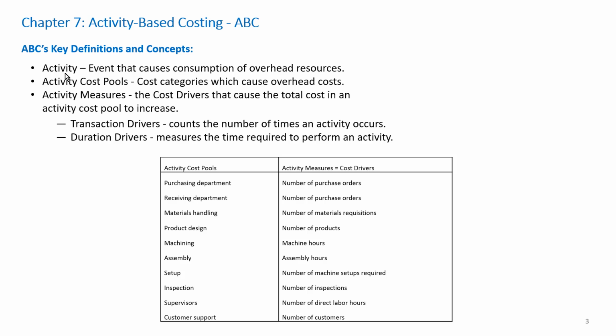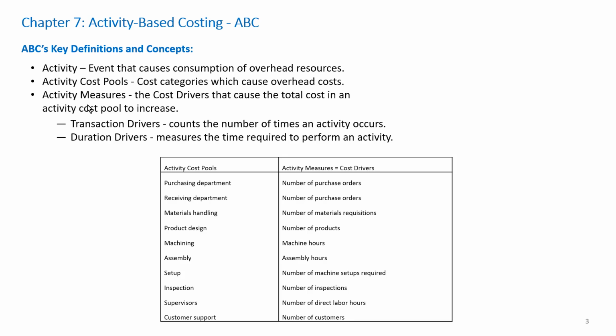An activity is an event that causes the consumption of overhead resources. An activity cost pool, on the other hand, is a bucket in which costs are accumulated that relate to a single activity measure in an ABC system.